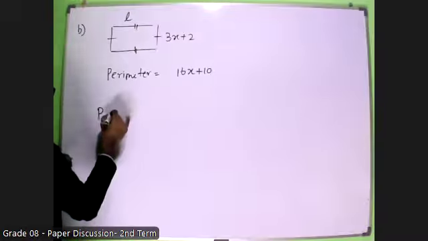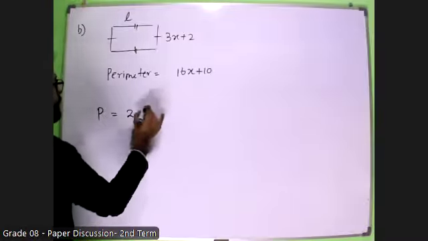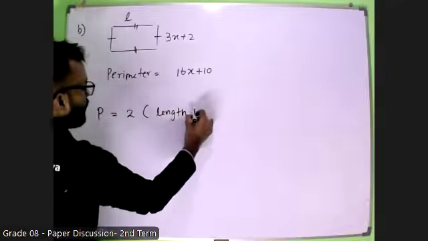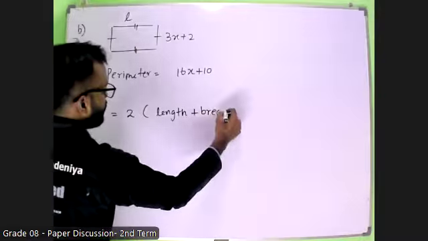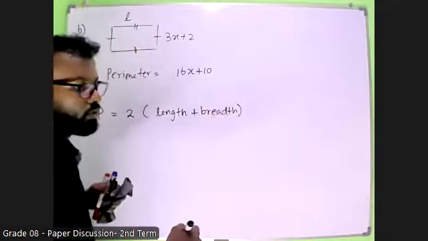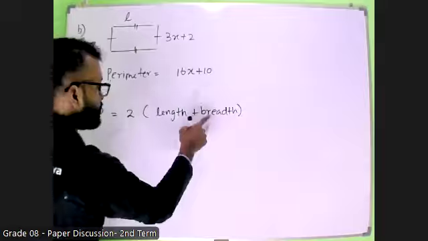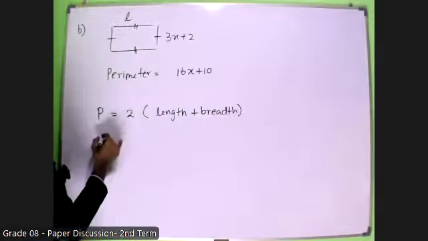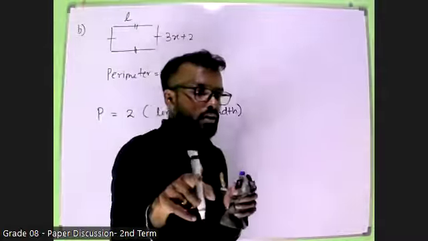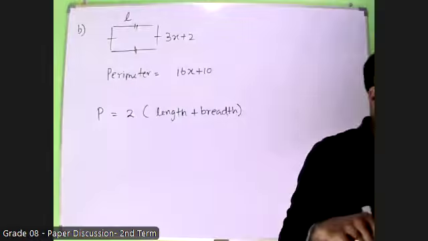Perimeter can be written as 2 times length plus breadth of a rectangle. You have been taught this in grade 6. So we have to write down an algebraic expression in order to find the length.